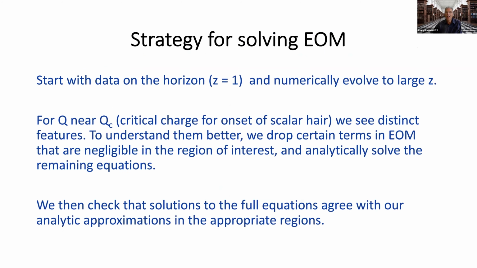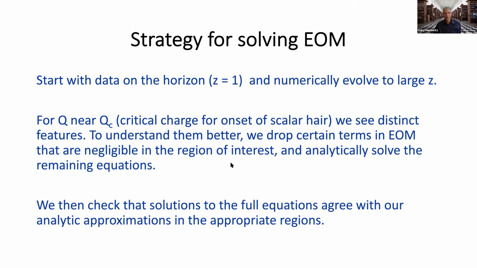Okay, so our strategy: we have these complicated ODEs, and we're going to start with data on the event horizon that we get from solving the exterior, and we just numerically evolve to large Z. And we see from the numerics that there are these different epochs, different types of evolution. To understand them better, we simply drop certain terms of the equations of motion that are negligible in the region of interest.